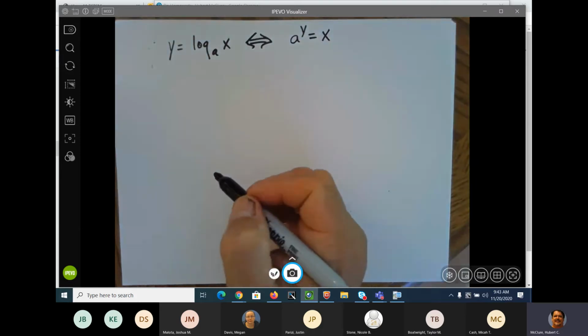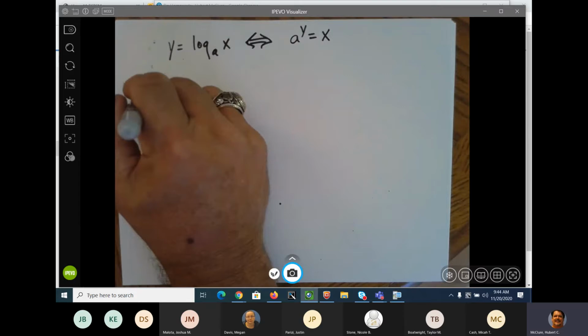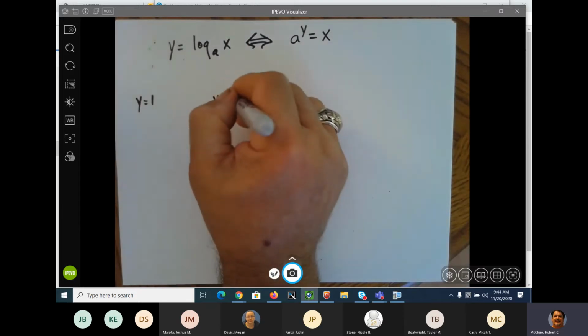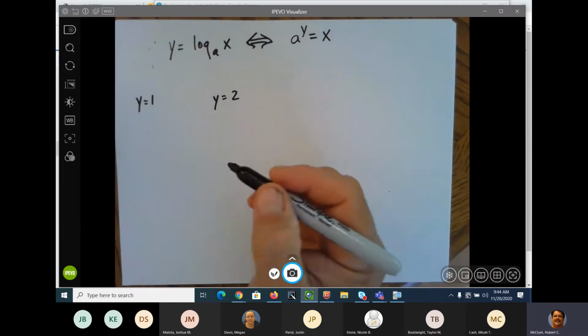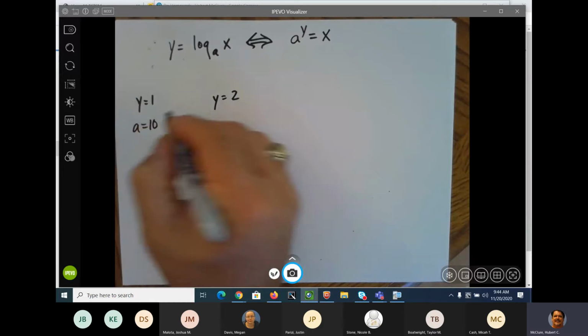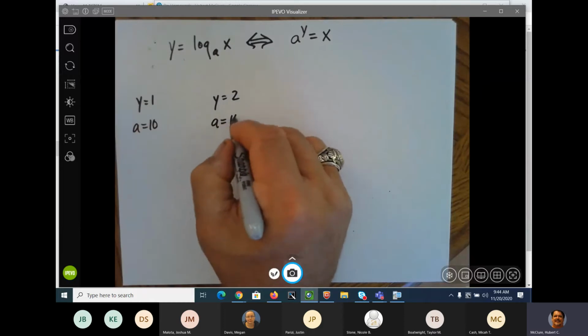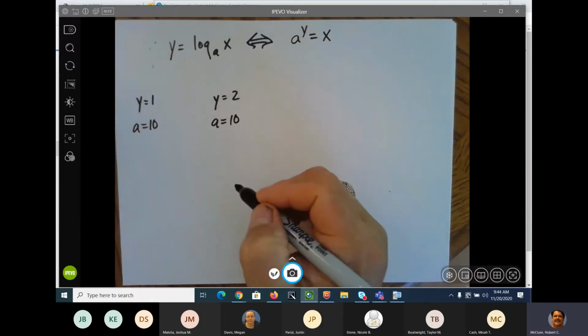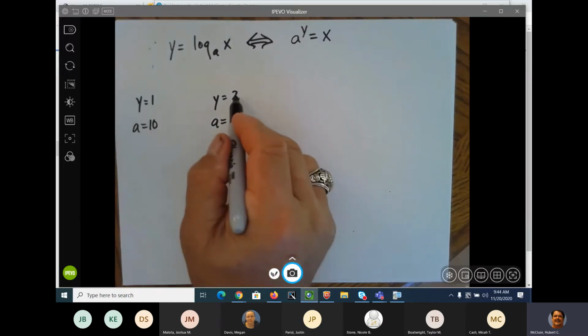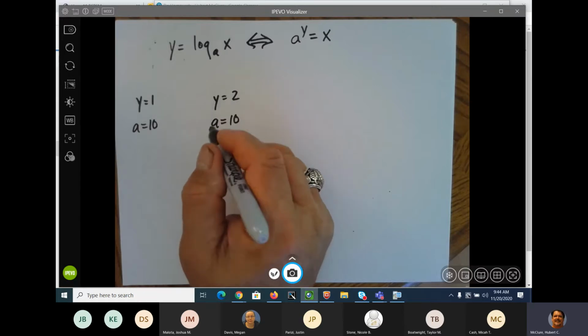We've got y is equal to 1, y is equal to 2, a is equal to 10, and x is equal to x.